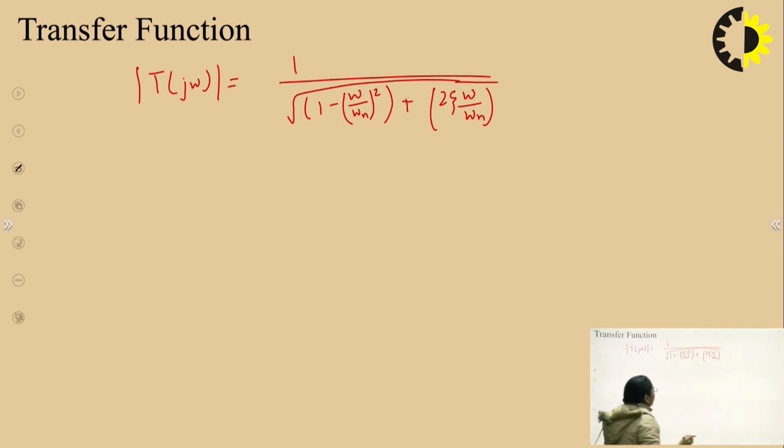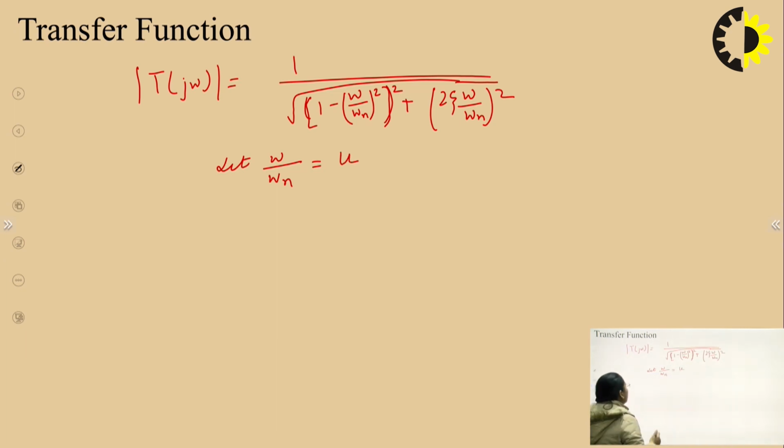This is the value of the magnitude. Now let omega by omega n, for simplicity, be u.